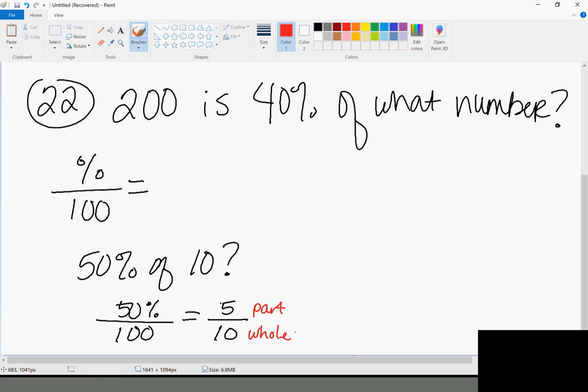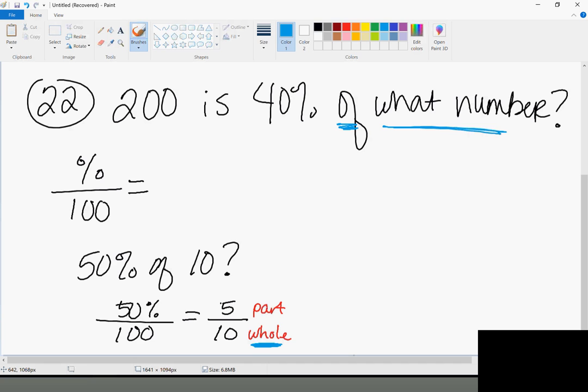When you do problems like number 22, it's going to say 200 is 40% of what number. So when they say "of" something, that is telling you that is the number that's in the bottom of your proportion to solve a problem like this.